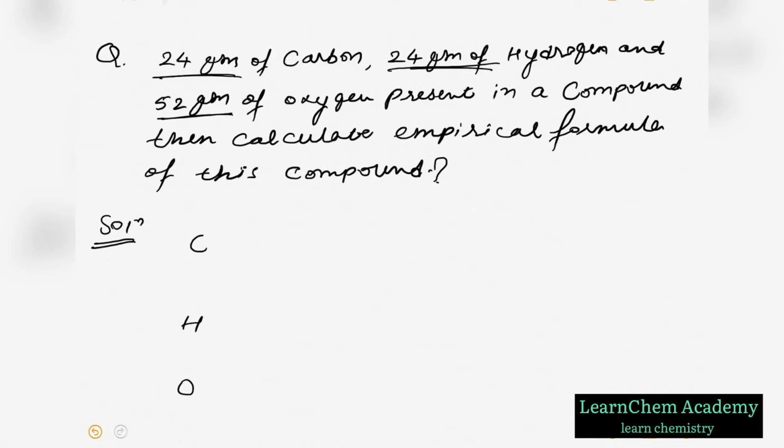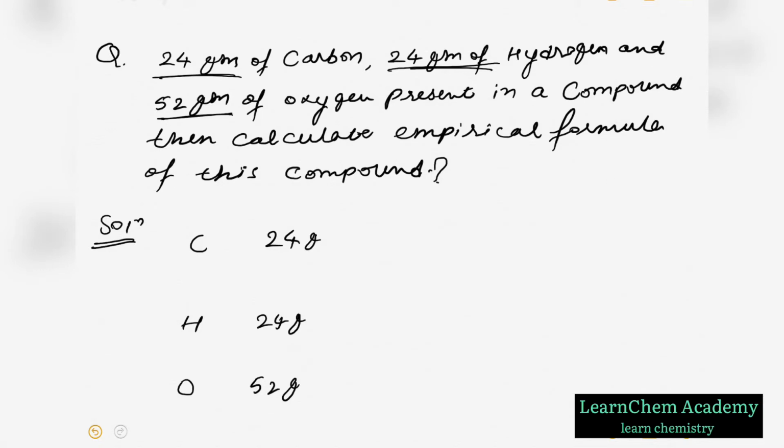So this is the first step. Write their given weight. This is 24 gram. Here this is also 24 gram and this is 52 gram. So our second step is convert into number of moles of each element.